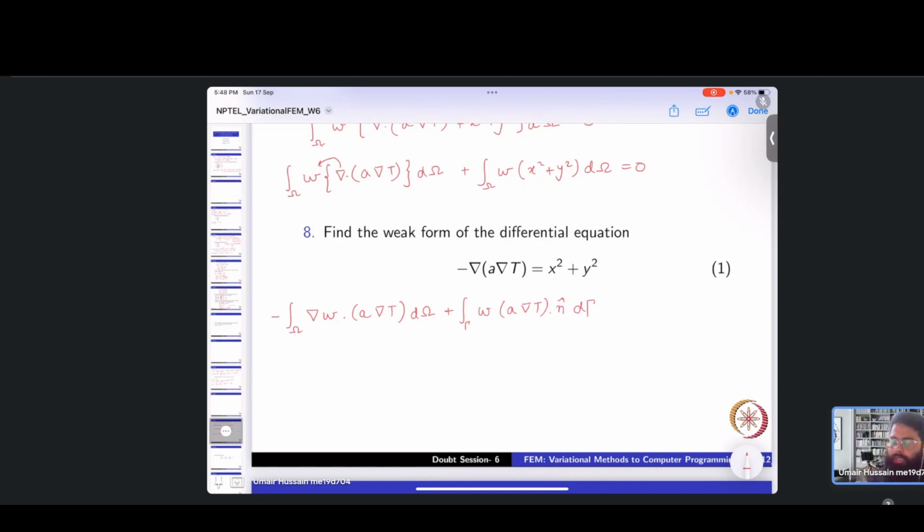This n actually represents the normal to the surface. So basically, whenever we define a flux on a surface, it is normal with respect to the surface. And then we have our other terms, which we did not touch.